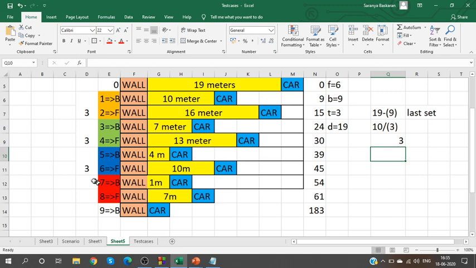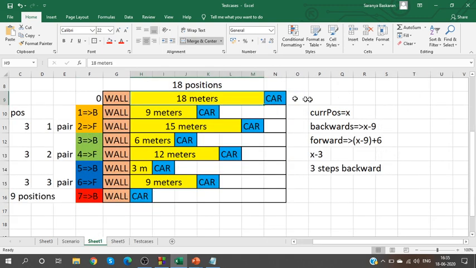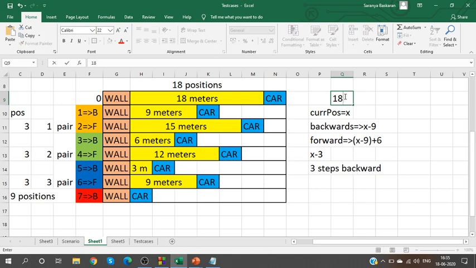But I can use 1 extra pair also. How can I identify that? See, in this case, the difference modulus 3 is not equal to 0. Here, the difference is not divisible by 3. But in the previous case, for 18 meters, 18 minus 9, your answer is 9, which is divisible by 3.